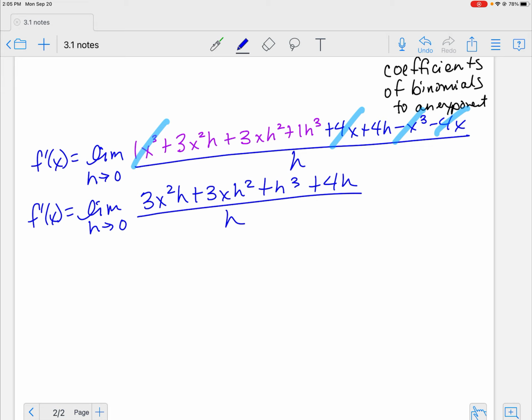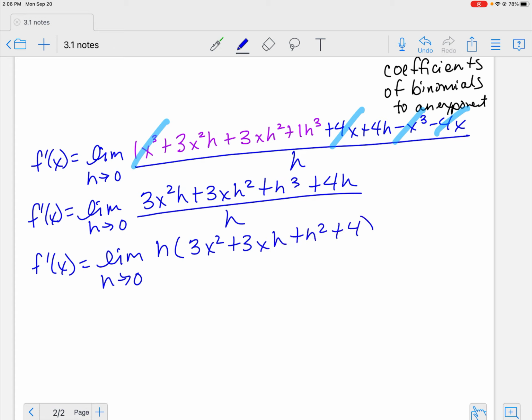Now notice there's an h in common with everything, so factor that out of the numerator. Still haven't taken a limit yet. Still writing the notation. So I've got 3x squared plus 3xh plus h squared plus 4 all over h. And now this h cancels out with this h.